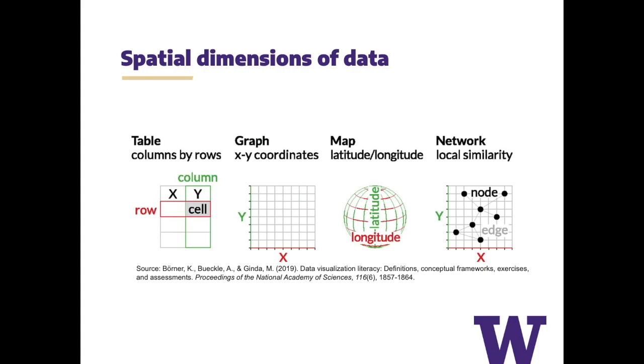And these can also be translated to more nuanced ways of visualizing, such as network maps. But oftentimes there's some kind of manipulation in order to turn how similar the nodes are in a network into some coordinate system for those values.